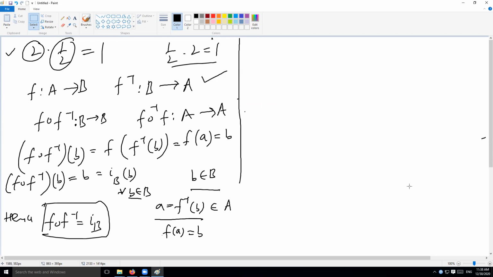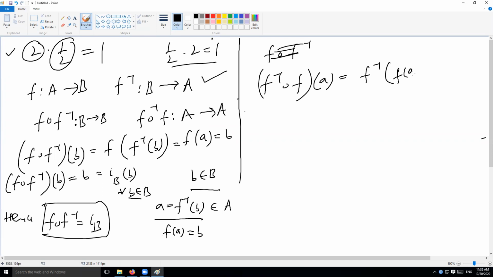Now, how about if I want to compute f inverse composition f? So to what must I apply it now? I must apply it onto some a now, because f inverse composition f is a function from A to A. So this means f inverse of f of a.